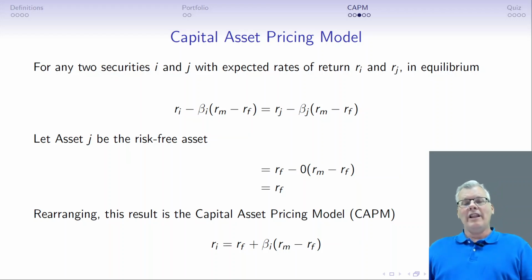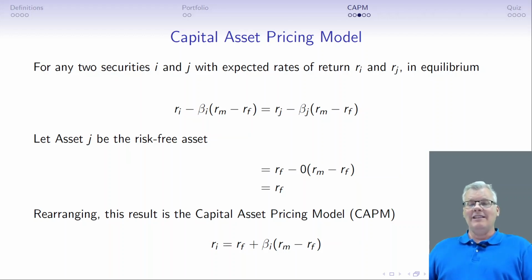Now, what if asset J, the asset on the right-hand side of the equality, is the risk-free asset? So if asset J is the risk-free asset, that means the rate of return is R sub F. And you remember we showed a couple slides back that beta for the risk-free asset is 0.